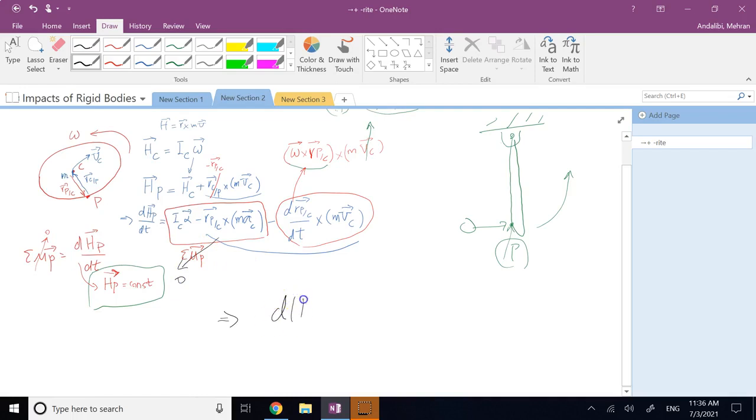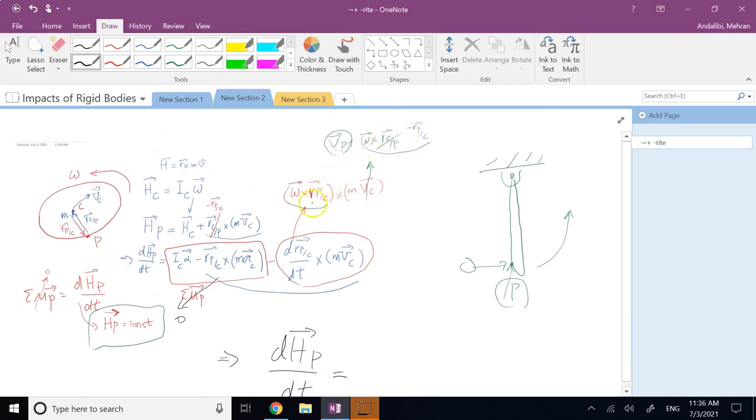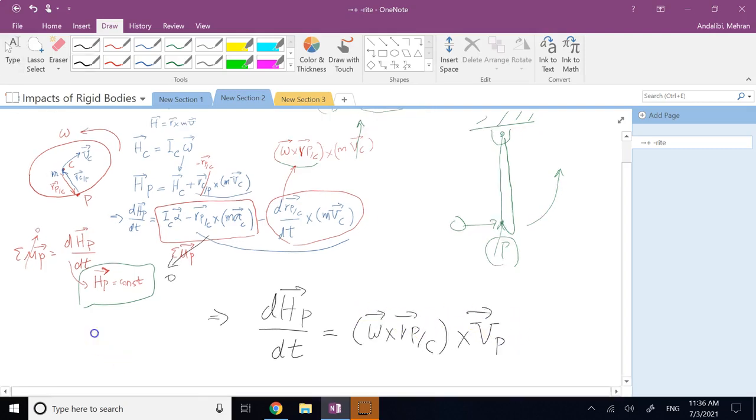So if I simplify it, it will be dH with respect to P over dt is equal to, and as I said here, this portion of the cross product, this portion times that omega plus R of C with respect to P is 0. So what you will have is omega cross R of P with respect to C cross V of point P. Okay, so this is the true form.